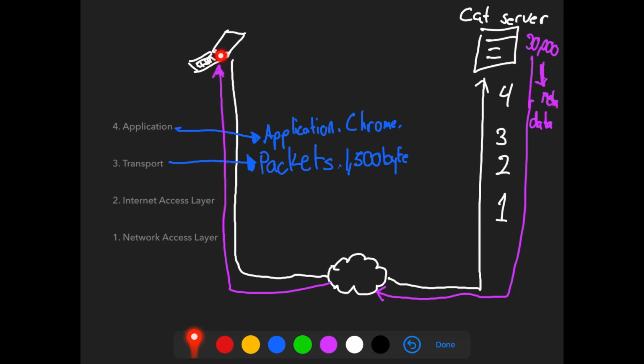Imagine the cat server will divide up this traffic into 30,000 different packets, and with those packets it will send some metadata on how, when your computer gets it, these packets should be organized. So some information so that you can do some error checking and make sure that you reassemble them in the best way. Because imagine if on your computer you get the 5,007th packet first.